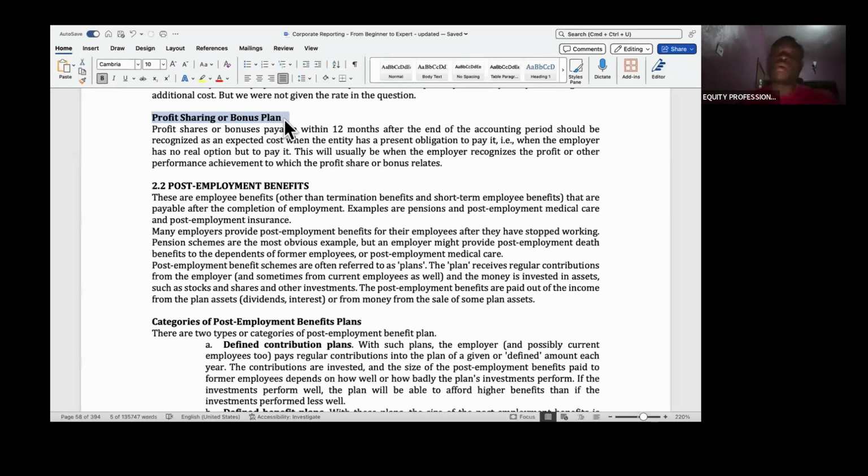So at that point, whether they have paid it or not, they have an obligation. In fact, that's what we call constructive obligation. So at that point, we will need to book it. We will need to recognize it in our books. At that point, debit staff costs.